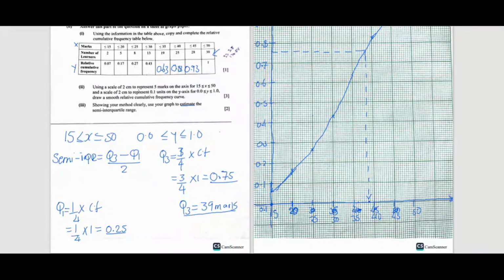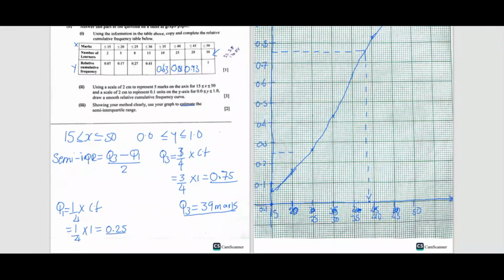So we'll repeat the same procedure that we did to find the upper quartile. We go to the y-axis, then we need to find where there is 0.25. So 0.25 is between 0.2 and 0.3. So we just need to add 5 more boxes: 1, 2, 3, 4, 5.